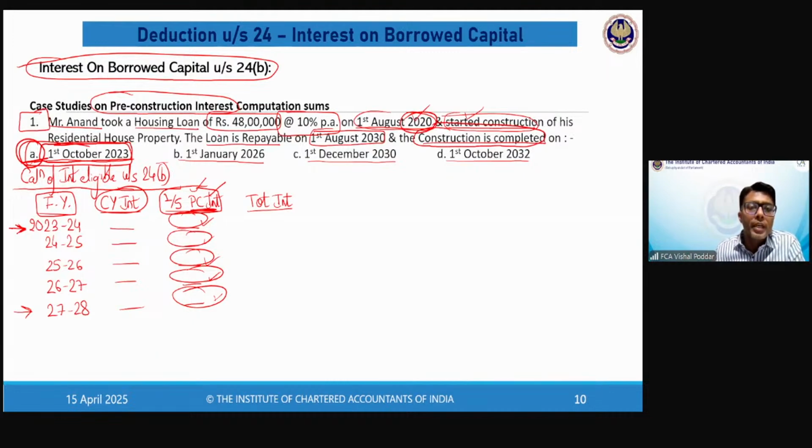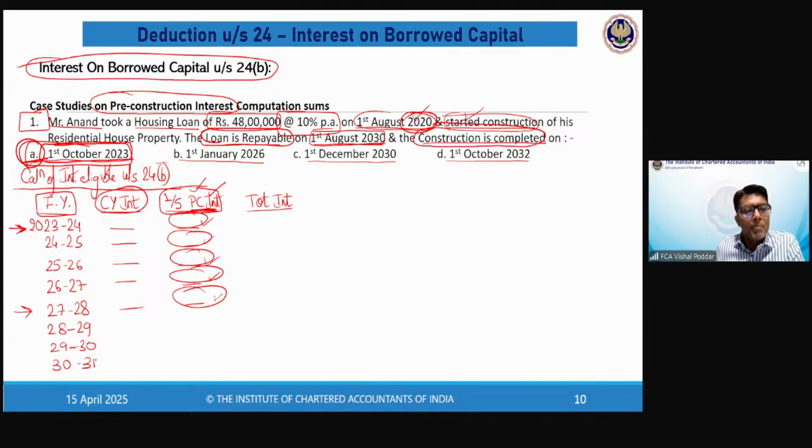And what will be this date? This date is the date of my loan repayability. So till my loan is going on, my current year interest will go on, and my loan is going on up to financial year 30-31. So I will be having interest deduction up to the financial year 30-31.